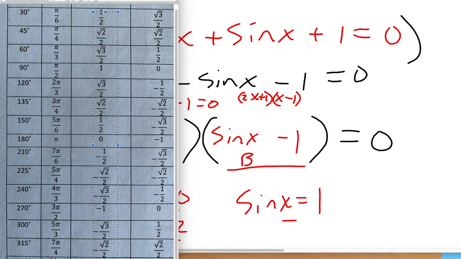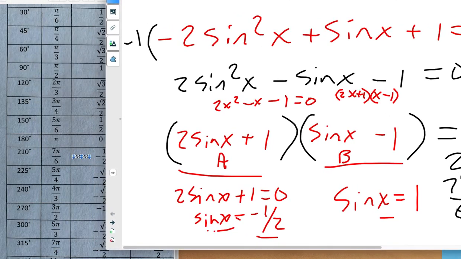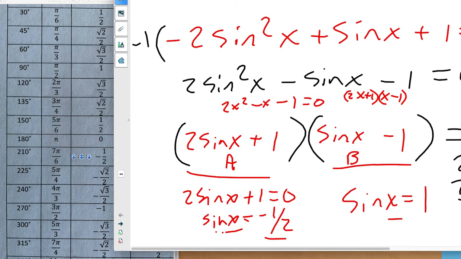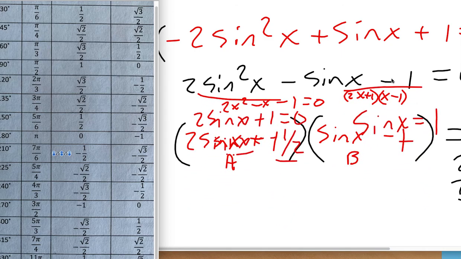So here's a -1/2, and that's at 210 degrees, or 7 pi over 6. When else do we get -1/2? Let's do this.